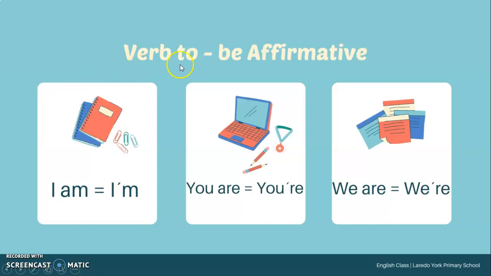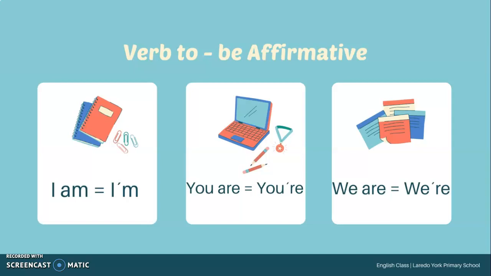Good, so we have the verb to be in the affirmative, okay? We have I, you, and we, okay? So the verb to be is going to go together, right? With I, it's going to be I am, all right? Or we can say it in a contracted way, I'm.